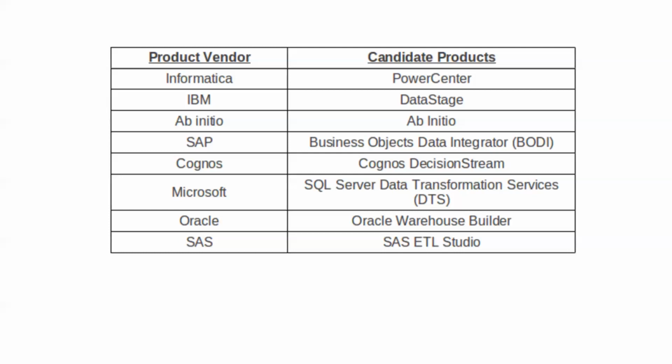So for ETL purposes, we have lots of tools available in the market, while some business users are not using these kinds of tools. They are using open source languages like Python, Java, and creating a framework.